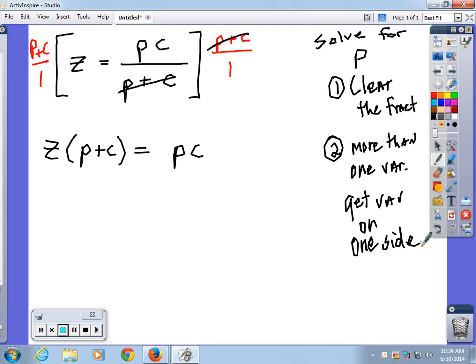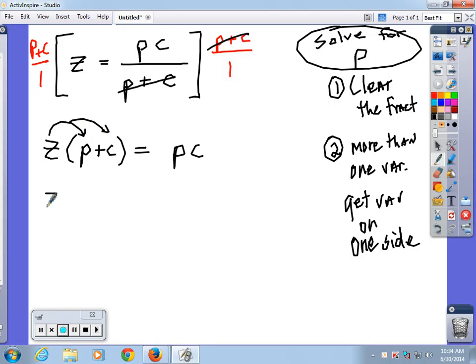Now what are we solving for? P. Do we have more than one P? Yeah. Then we've got to get the variable on one side. But we can't do that because P is in the concrete block. So what do we need to do to bust up the concrete block? Distribute. So do that.